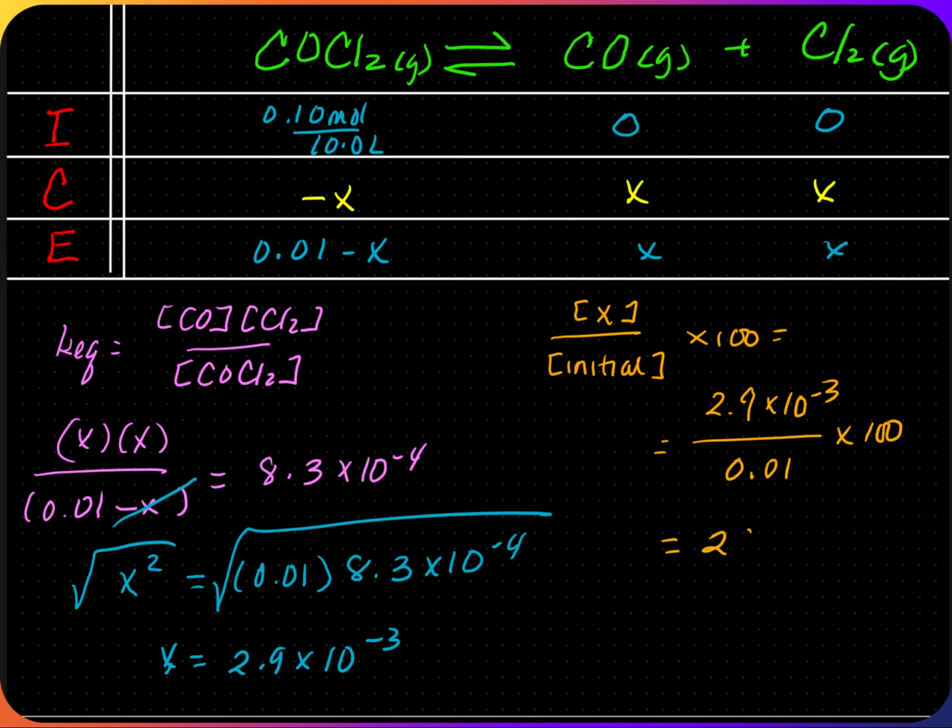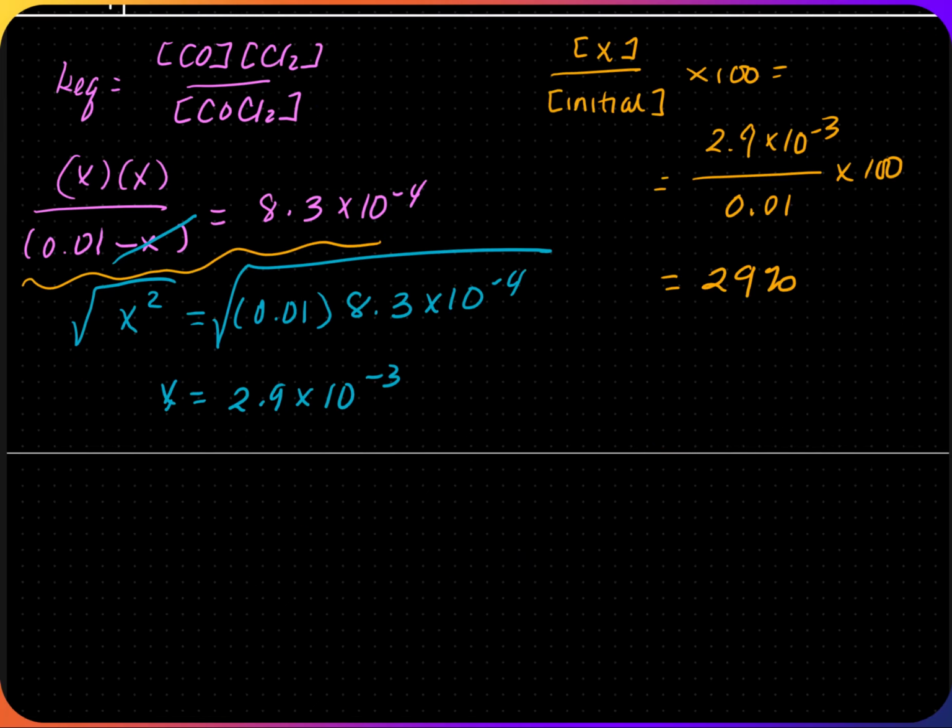This equals 29%. So we cannot use the 5% rule in this case. This is why you must always check if the 5% rule is valid. So that means we need to solve this using the quadratic equation. Starting from up here, use the quadratic equation.